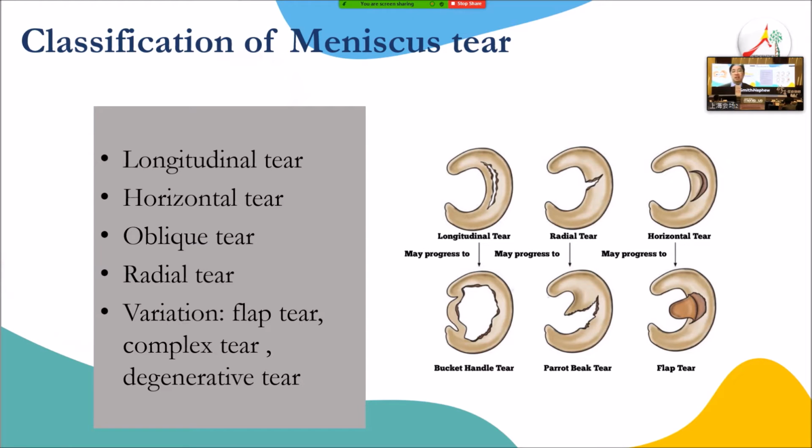The patient will come to see you with severe joint line pain. If you don't treat it, the patient will turn to osteoarthritis very fast, because when you have a radial tear or root tear, it's like you have a total meniscectomy. The meniscus loses hoop tension, so it extrudes, and it means like you have no meniscus.